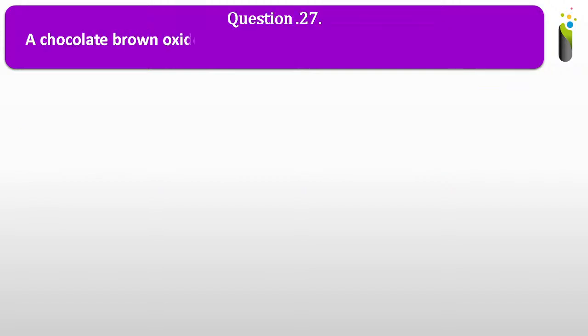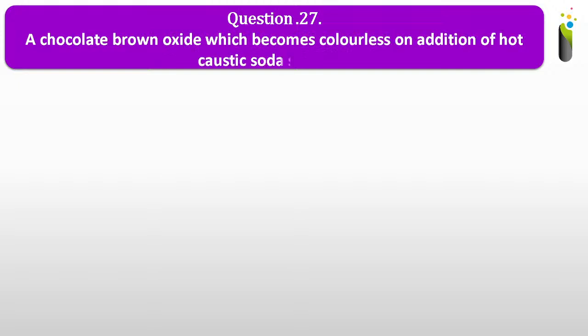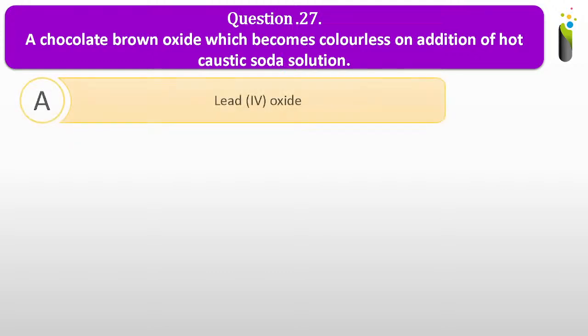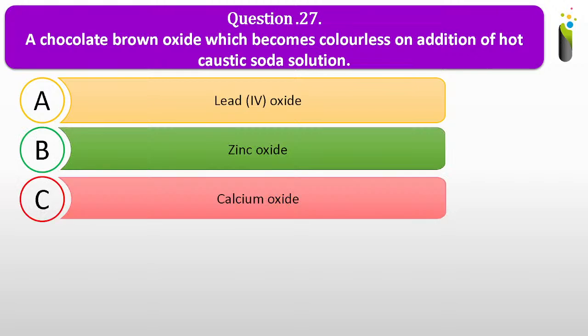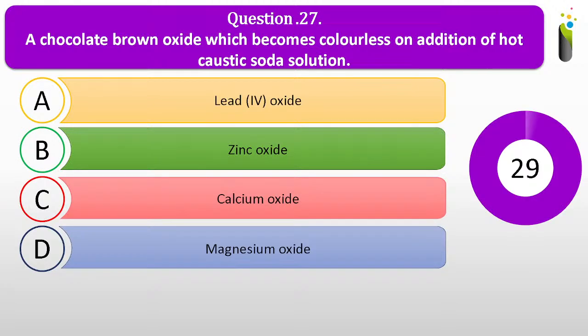Question number 27. A chocolate brown oxide which becomes colorless on addition of hot caustic soda solution is dash. A. Is it lead 4 oxide? B. Is it zinc oxide? C. Is it calcium oxide? D. Is it magnesium oxide?